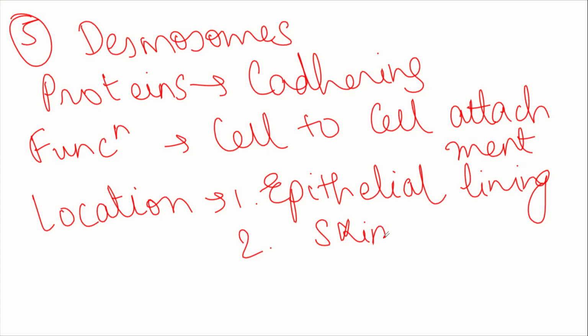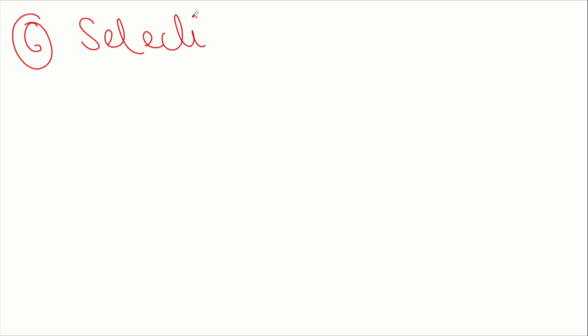So these were all about the cell junctions, and there are some other cell adhesion molecules as well which are not that much present in the types of cell junctions, but they are very much important. Let's learn about them. There are selectins.